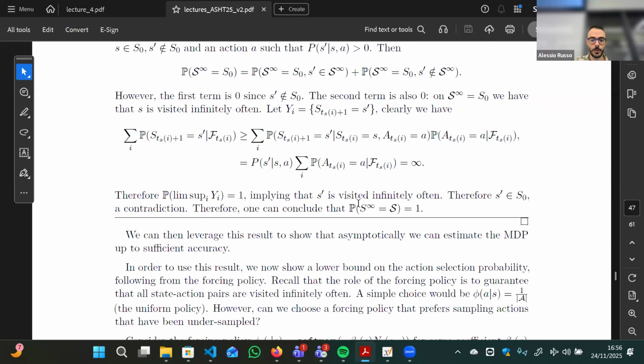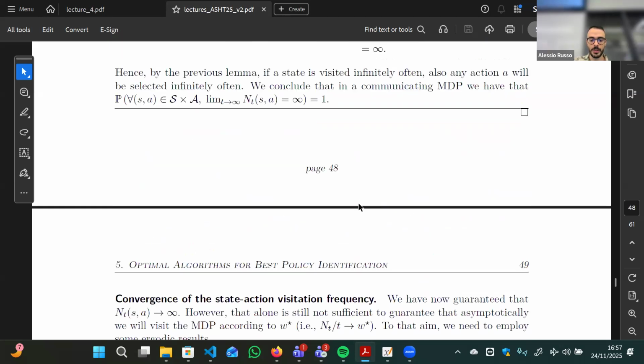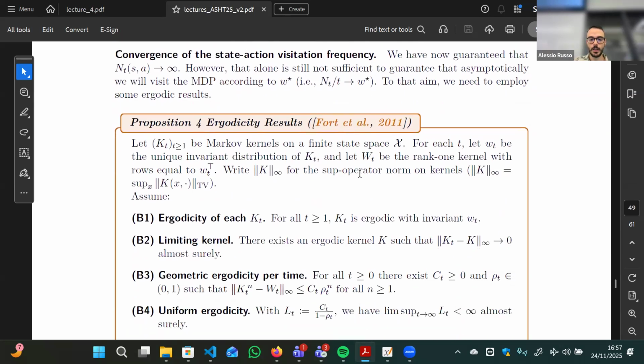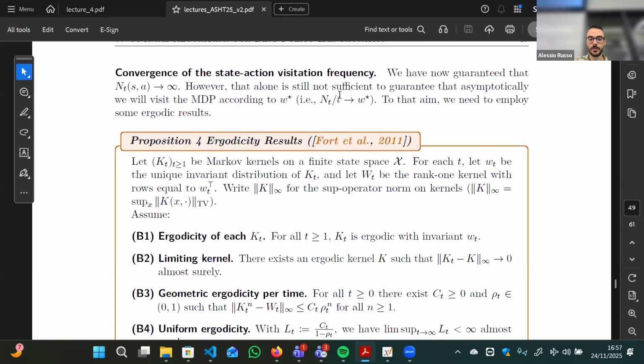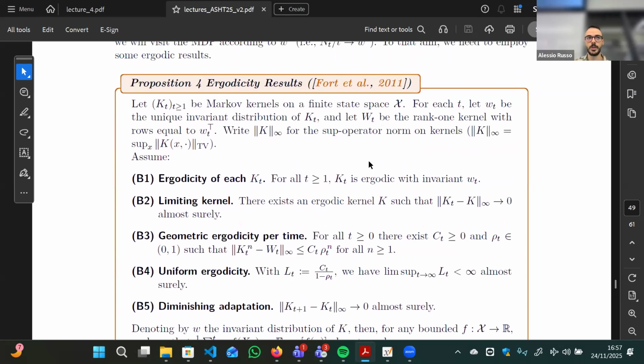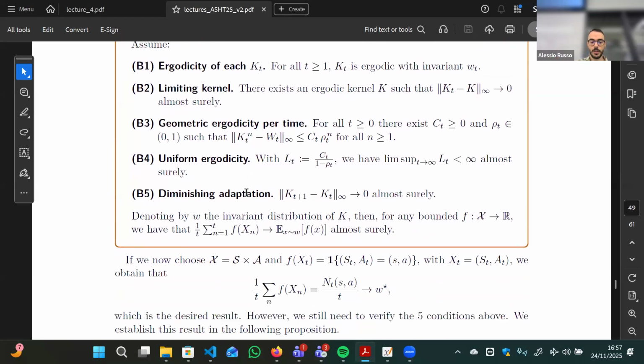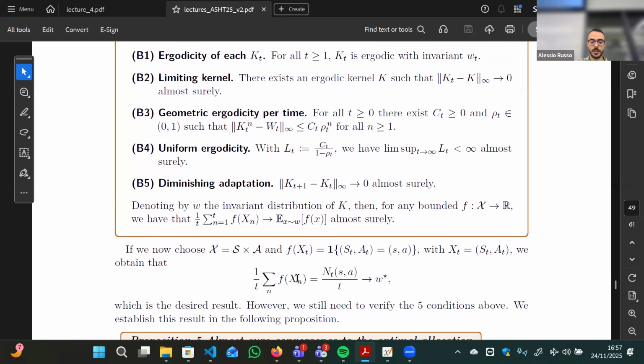And yes, with this sampling rule, you can guarantee that all state actions will be visited infinitely often. So you are estimating the MDP very well. And to guarantee that the average visitation also converges to W star, we need to use some results about ergodicity. The result that we're going to use is from a paper by Fort, 2011, which says that if you guarantee these 5 properties, then you can show that the average visitation will converge to a stationary distribution.